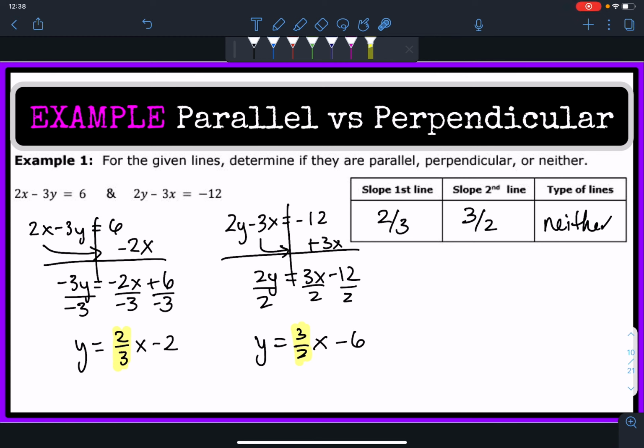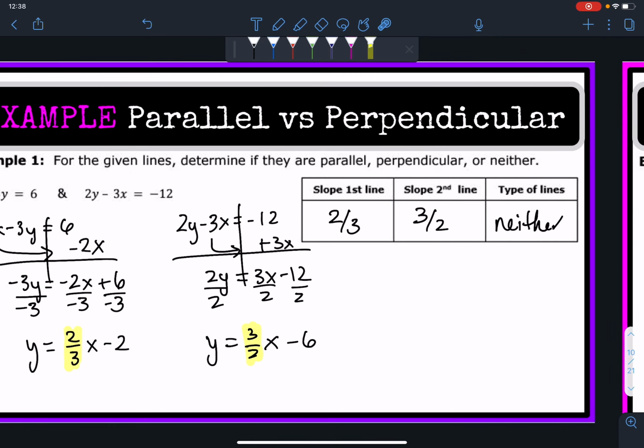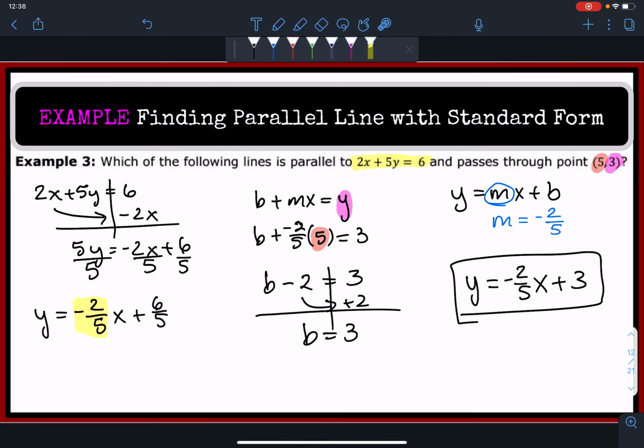They're neither parallel or perpendicular. They just simply intersect at some random angle. So that concludes, again, like I said, my examples here and their applications.